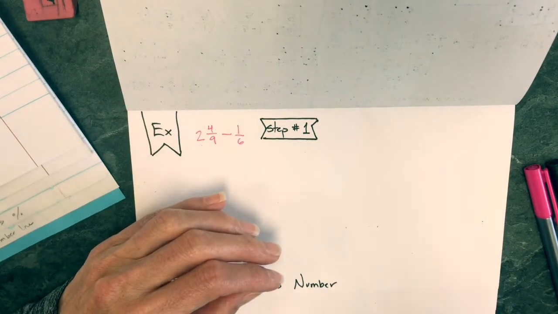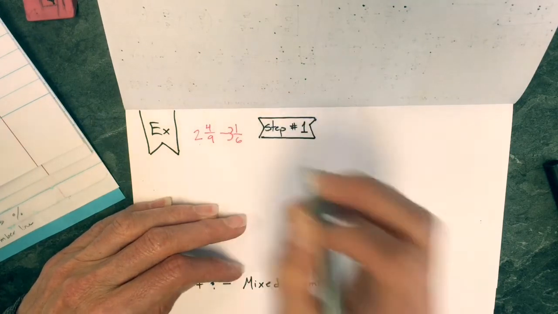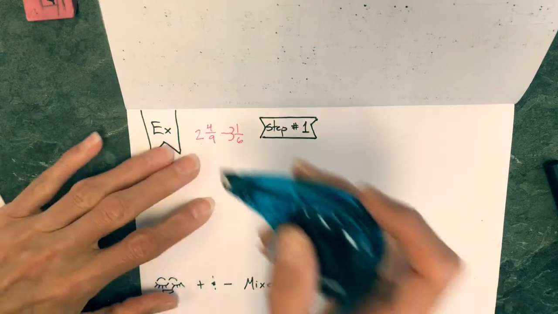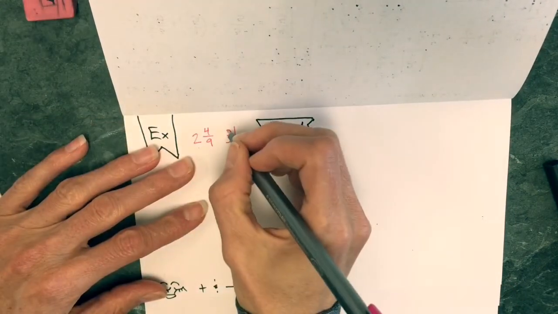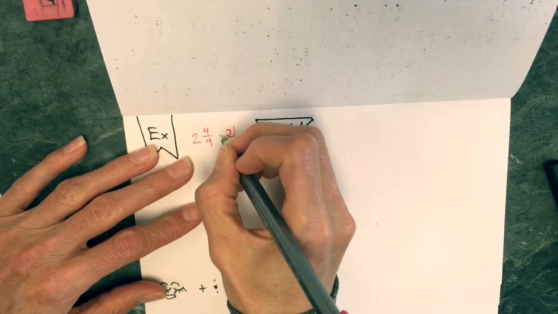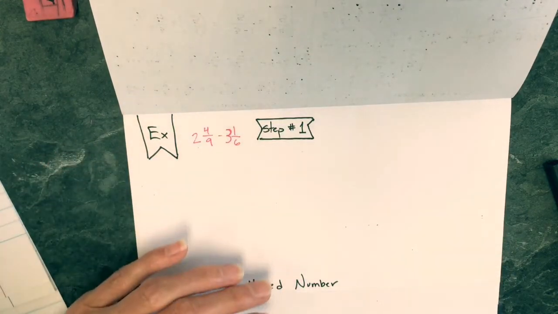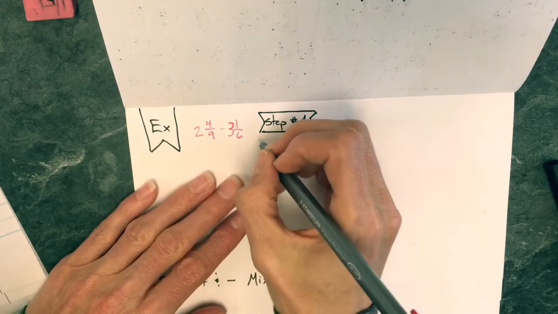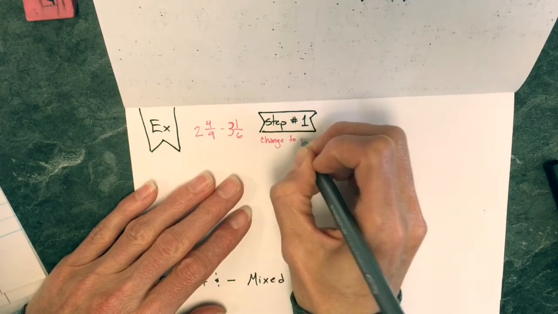Actually, I'm going to change this to negative 3 1/6. Two mixed numbers there. So let's make this a little bit better. I apologize for that. There you go. Okay, so step number 1 with our mixed numbers, we're going to change them to improper fractions.